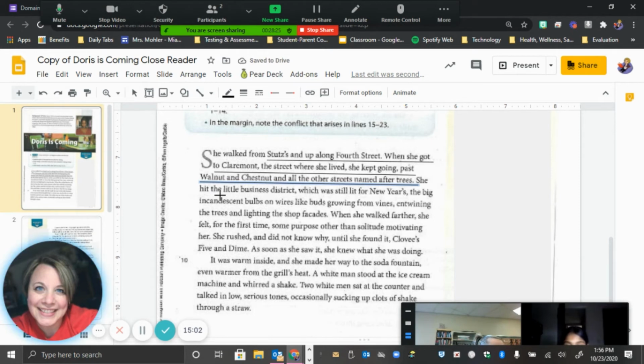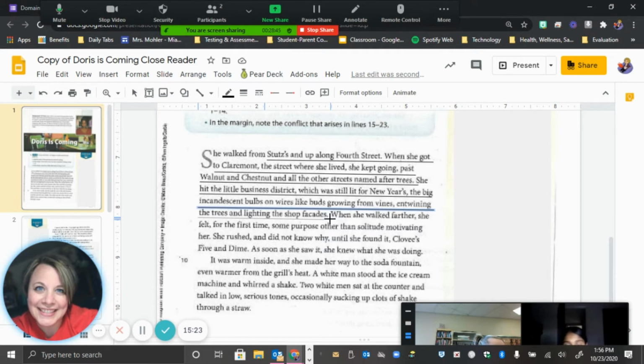She hit the little business district, which was still lit for New Year's. The big incandescent bulbs on wires like buds growing from vines, entwining the trees and lighting the shop facades.